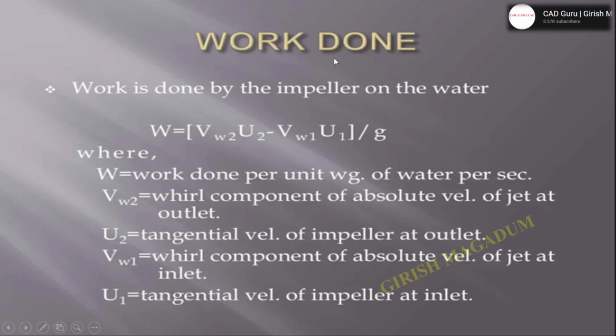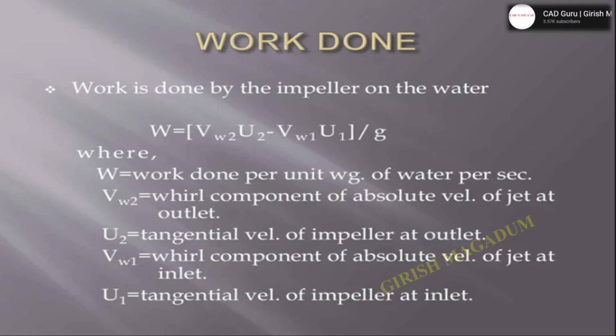The formula here: the work done by the impeller on the water is equal to the whirl component of the absolute velocity, that is, the outlet velocity of the whirl component, into the tangential velocity of the impeller outlet.